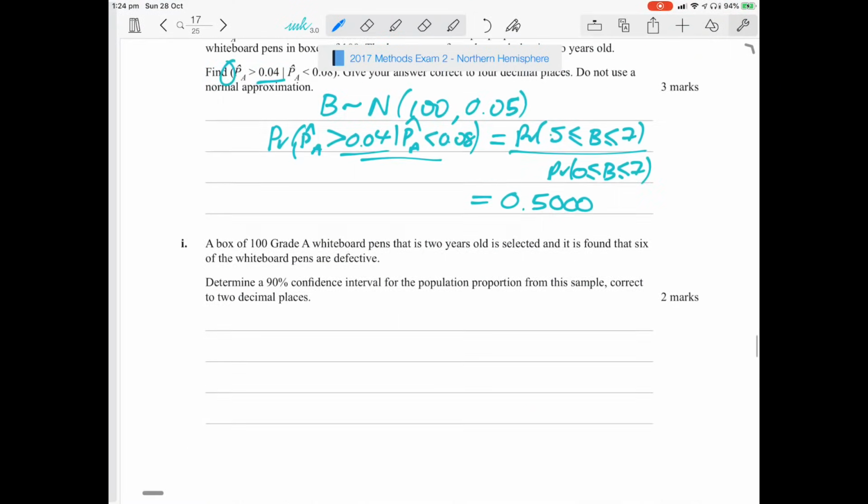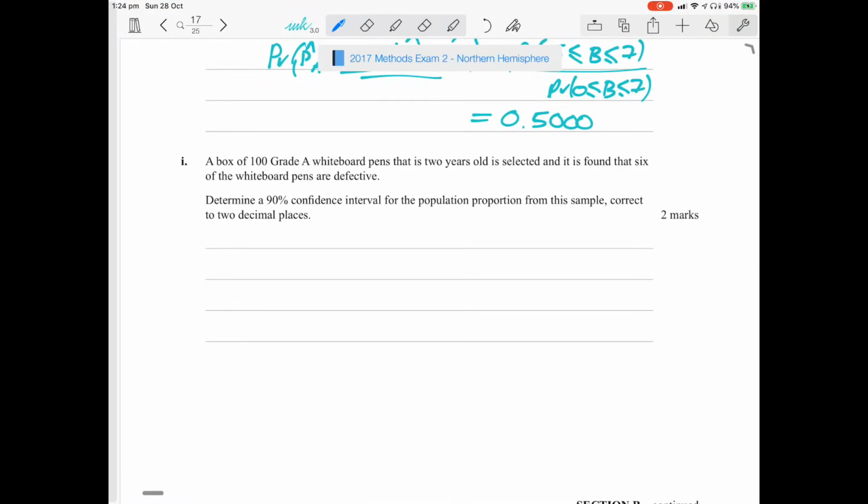Okay, a box of 100 grade A pens that's 2 years old is selected and it's found that 6 of the whiteboard pens are defective. Okay. P hat is 6 on 100. 95% confidence interval. So n is 100.